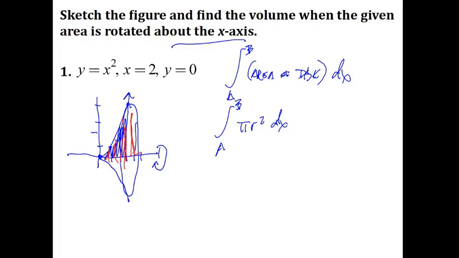So we're going to be going from starting point to end point. It was defined from basically the region's bound starting here at 0 and going to 2. So we're going to be going from 0 to 2, pi, and our function, our radius, is x squared. So it's x squared squared. Okay, so this is going to give us the volume of this figure.